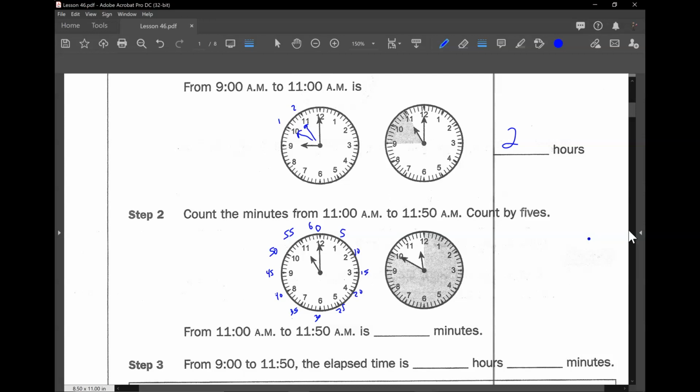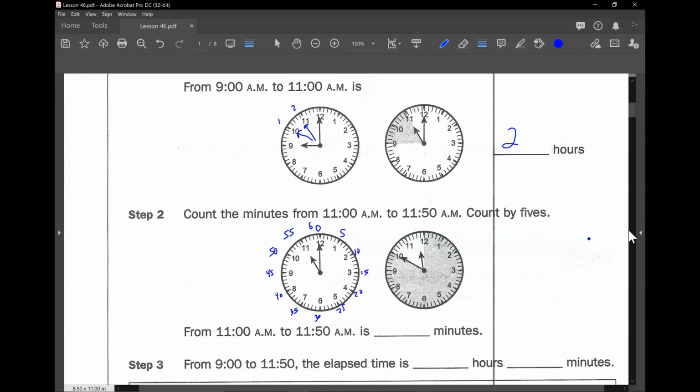Now I know I said that 12 is like the 0, and I say it's a 0 because we start counting at 5. But you also have to remember when you're counting by 5s all the way around, when you get to the 12, that's actually 60 because there's 60 minutes in 1 hour.